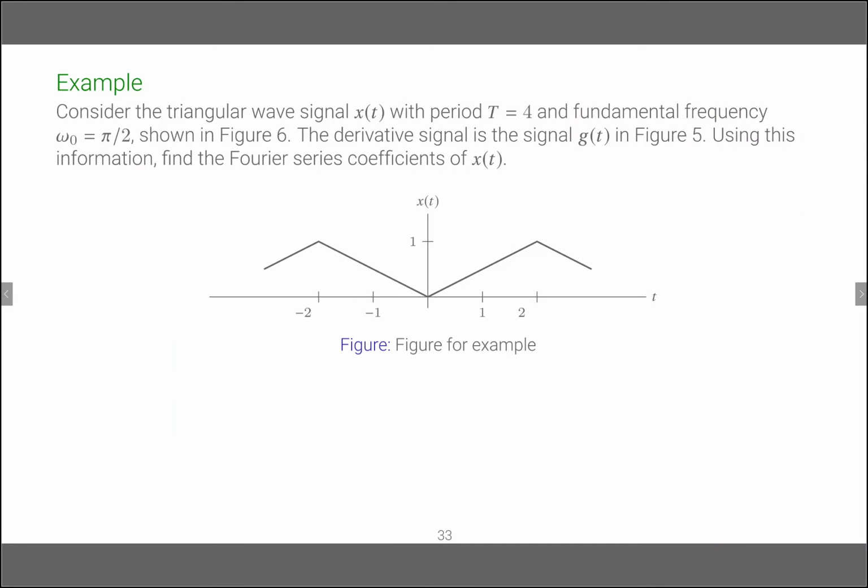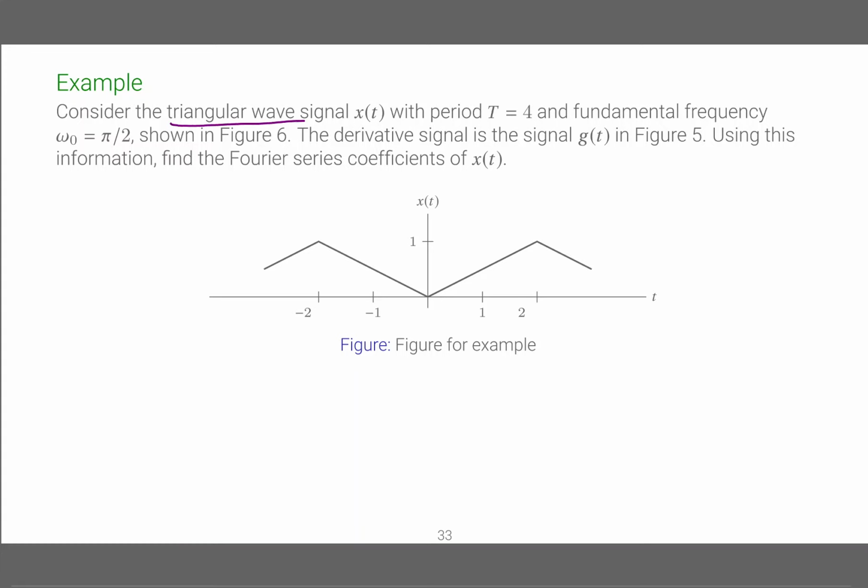Okay. Then as the next example, consider the triangular wave, a signal xt with period t equals 4 and fundamental frequency omega naught equals pi by 2 as shown in this figure. The derivative signal is the signal gt in figure 5. So if you take the derivative of this, let's plot the derivative of this signal.